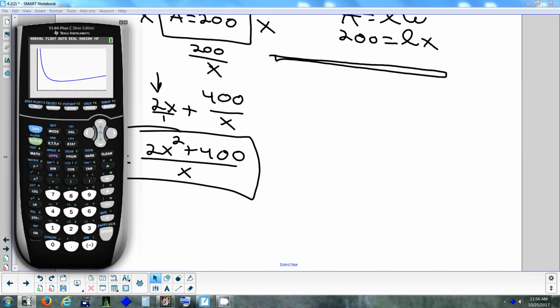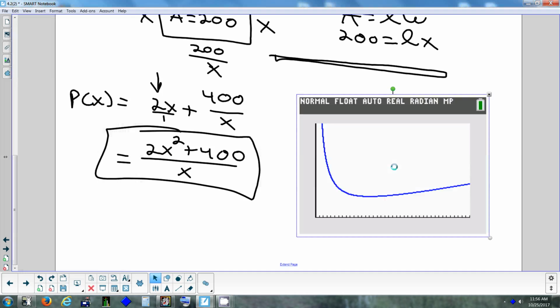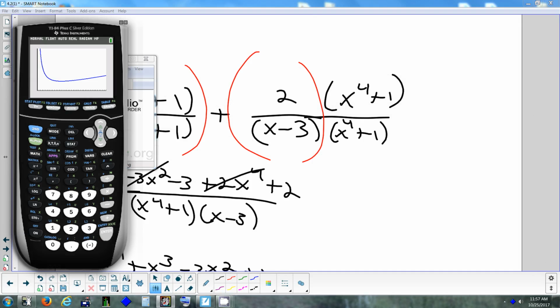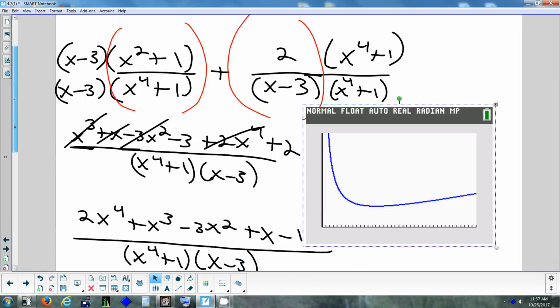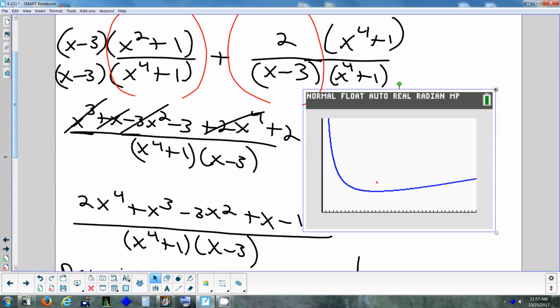Perfect. And now, does it look like there's a minimum there somewhere? Yeah. Okay, there's a minimum, right? Right there. All right, so here's our minimum. Right there. And all we have to do is do second calc minimum, and that's going to tell me the minimum for the x.